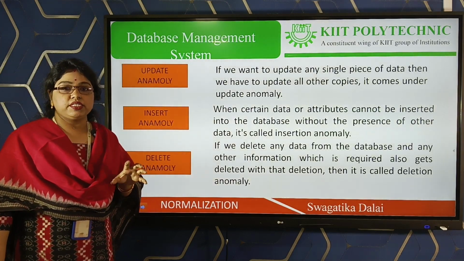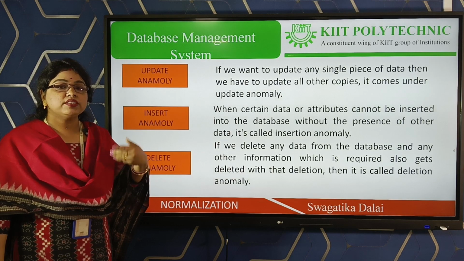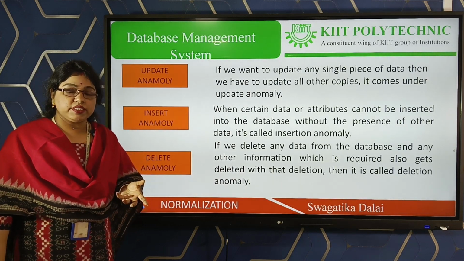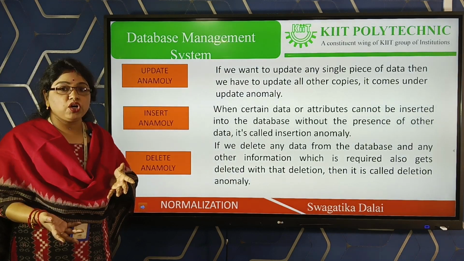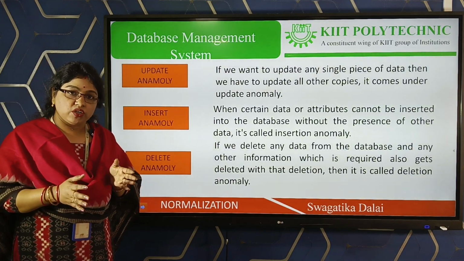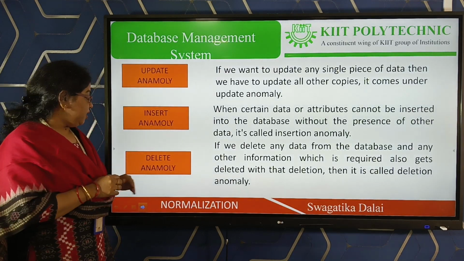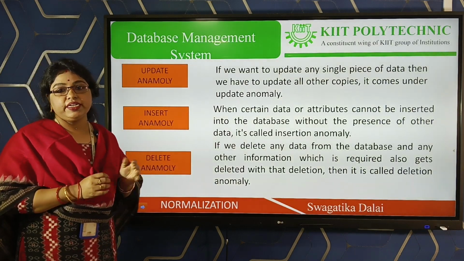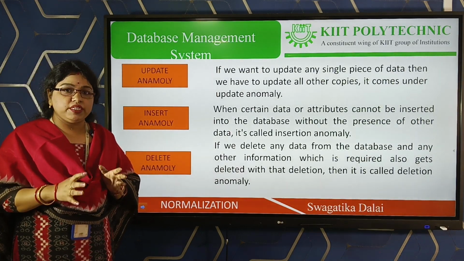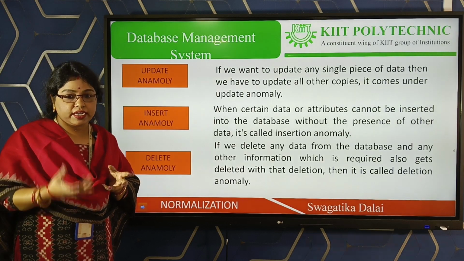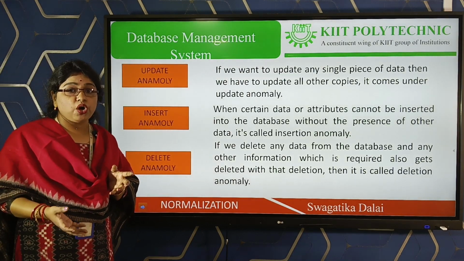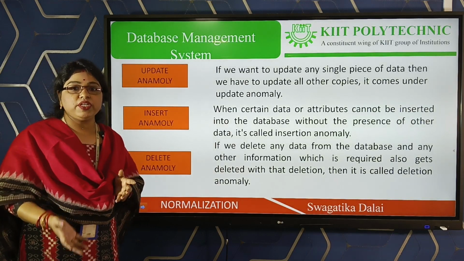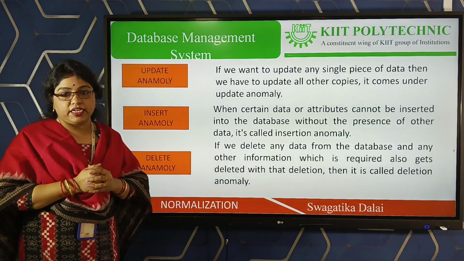Insert anomaly means if we want to insert a tuple in the database but we cannot because of lack of information, that causes insert anomaly. And third one is delete anomaly. Delete anomaly means if we want to delete any record from the database but it causes deletion of vital information from the table, then it causes delete anomaly.